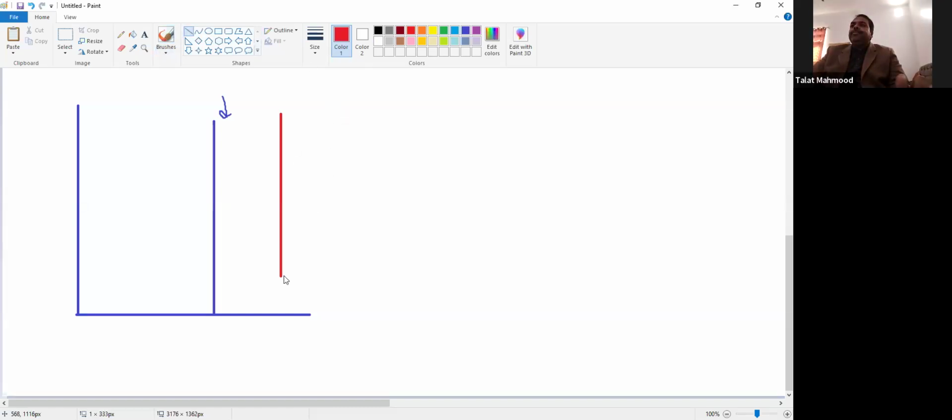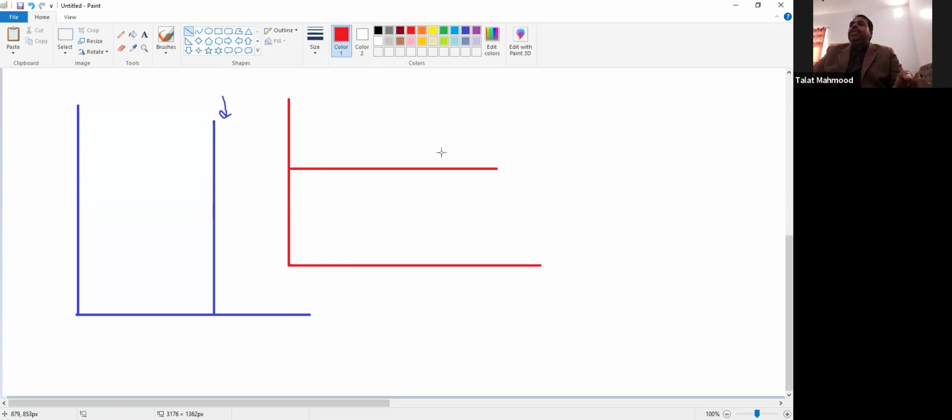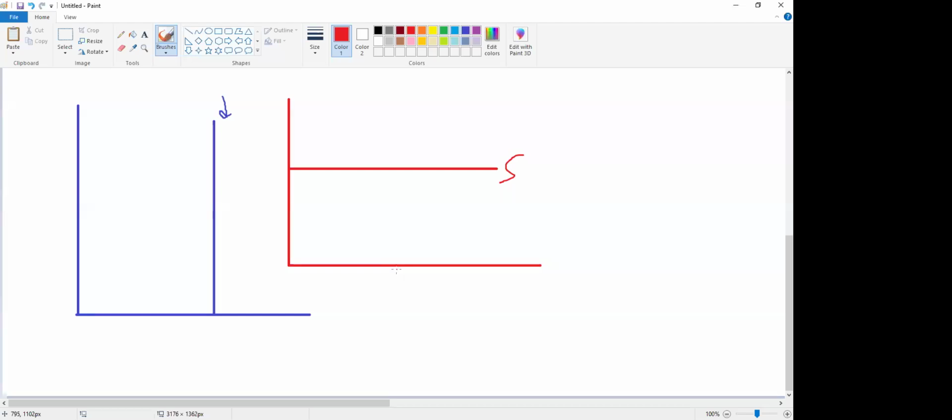Very good. Now this is our supply curve. So what is the elasticity of supply in this case? Infinity. Infinite. Okay.